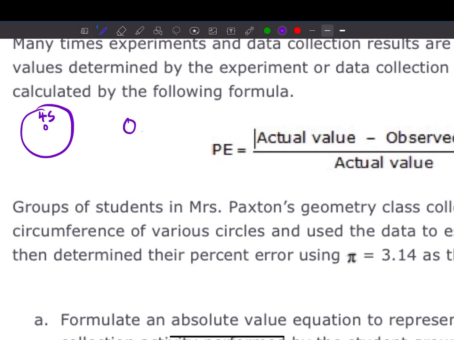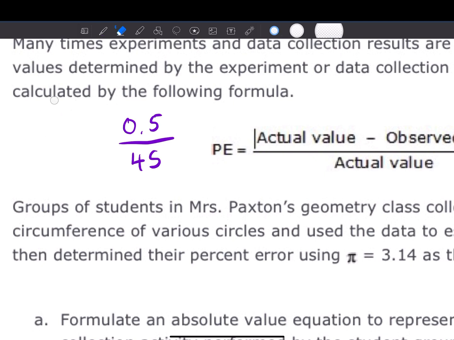Then how much off were you? How much off is 0.5 from the actual 45 pounds? So that's where percent error comes in. 0.5 divided by 45 would give me approximately 0.01 repeating. So I would say, move that over, that's about 1% off.